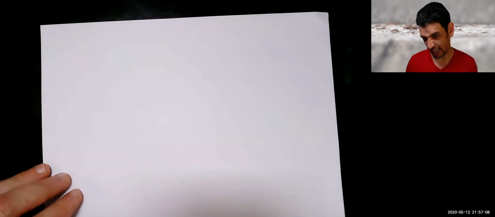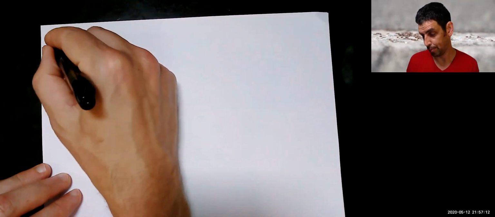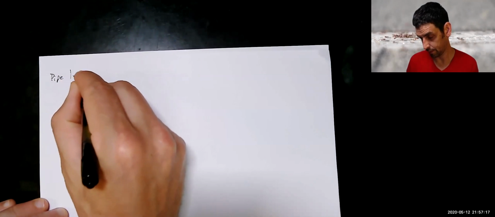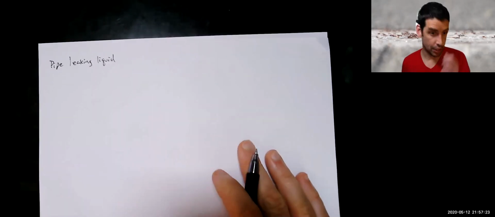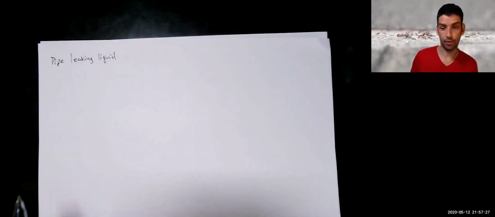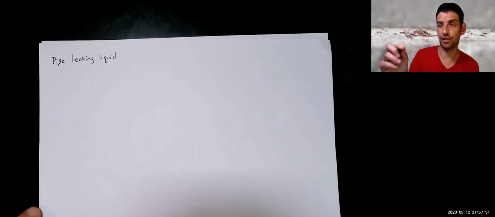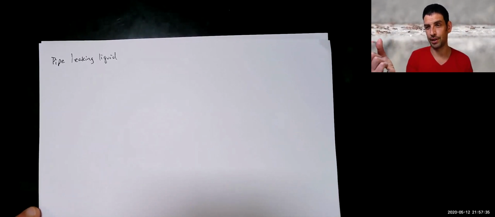So let's say we have the following situation. We've got a pipe leaking some kind of liquid. You can imagine that situation where you can see a little bit of accumulation of liquid on the end of something, and it builds up and gets bigger and bigger.